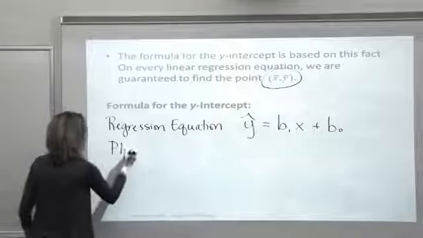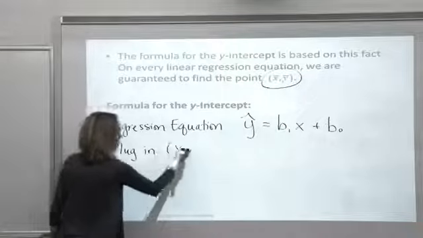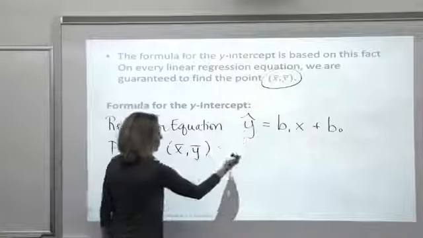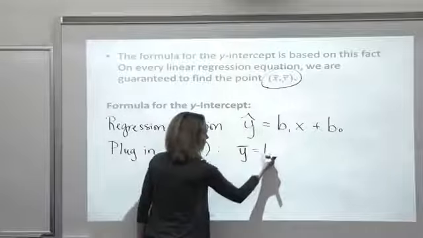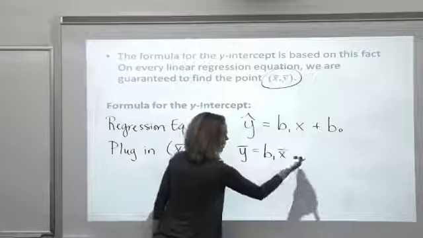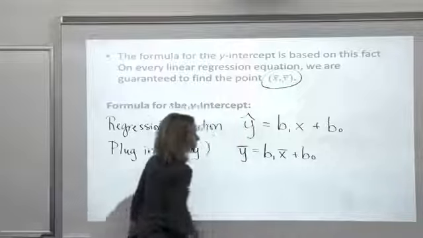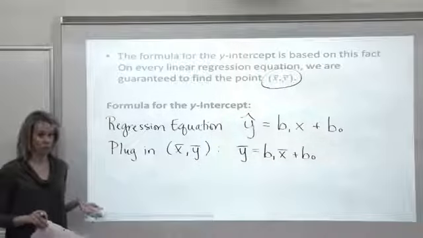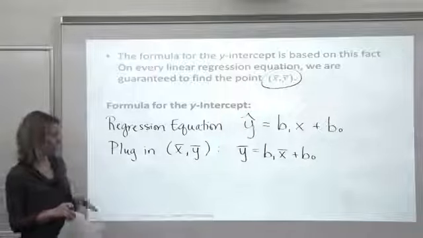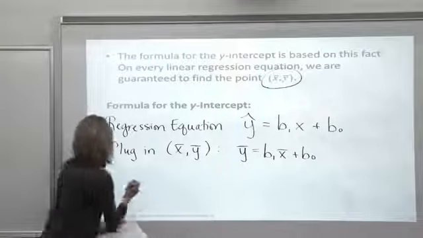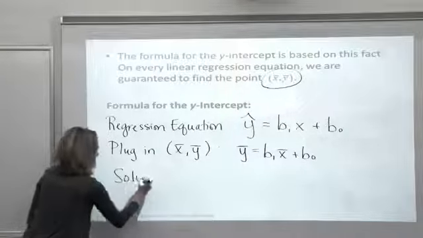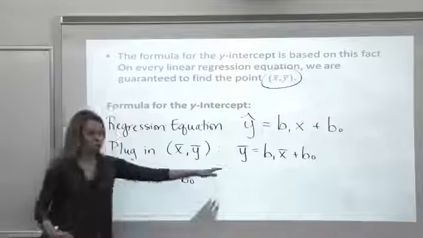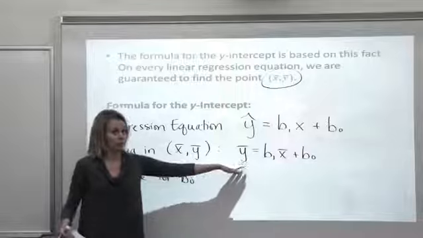Let's plug in the point (average x, average y). And when we do that, this becomes the average y, and this is the average x. And we have this equation. If you take this equation and solve for the y-intercept, that's the formula for the y-intercept. So we'll just do some algebra, solve for b sub 0. You ought to be able to do algebra and solve that for b sub 0.